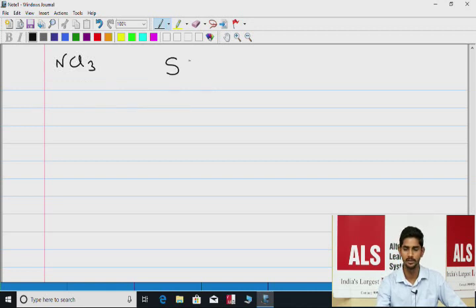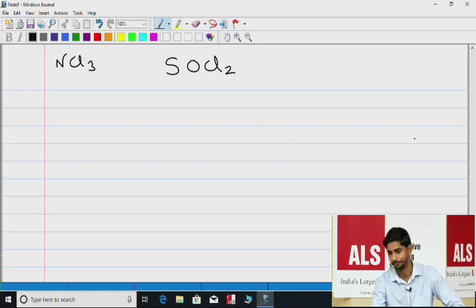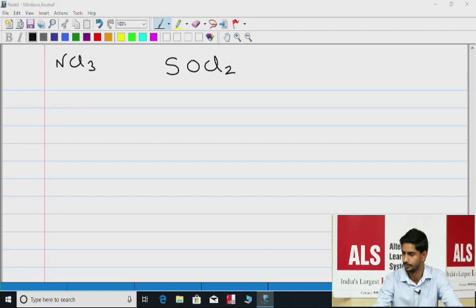You can take this one then. SOCl2. Sulfur would be the central element. Got it? Now let's move on.